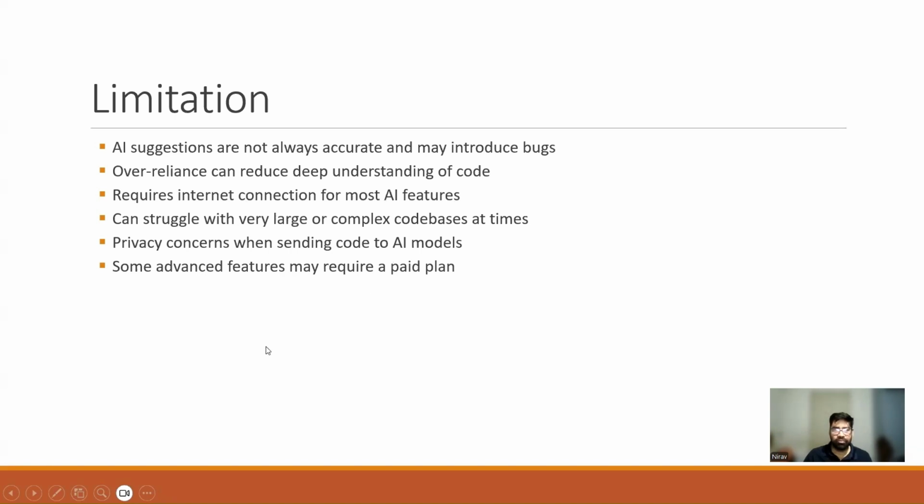One thing is that in Visual Studio Code, even without an internet connection, you can do manual development. But in this case, for almost everything related to AI features, you need an internet connection.